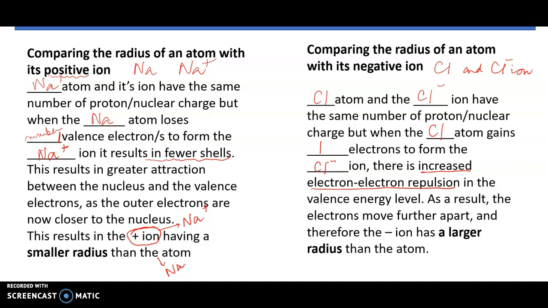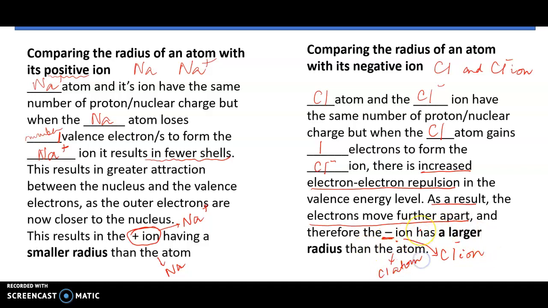So as a result, the electron, which is negatively charged, pushes away the other electrons, which are negatively charged. Because of this, the electrons move further apart, and therefore the negative ion, which is the Cl- ion, has a larger radius than the Cl atom.